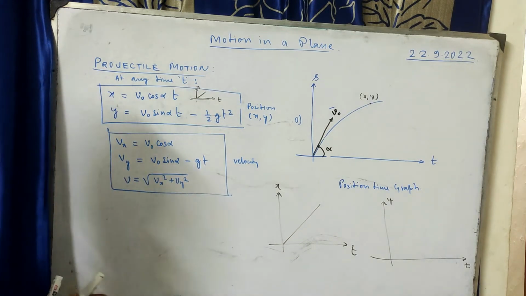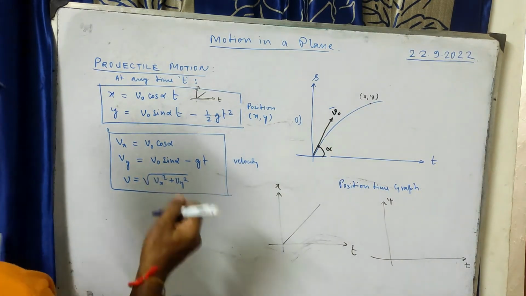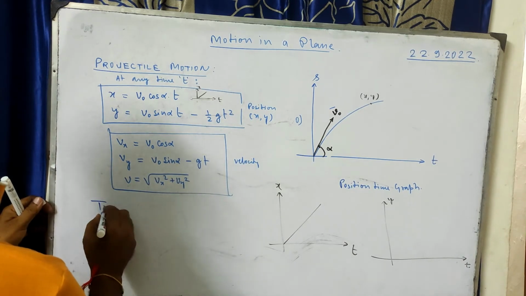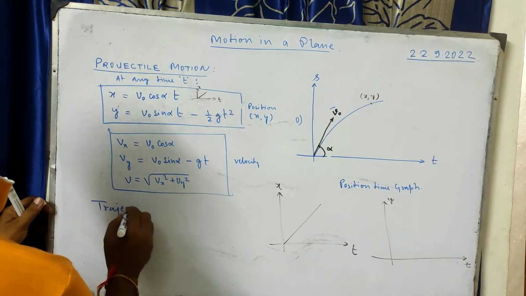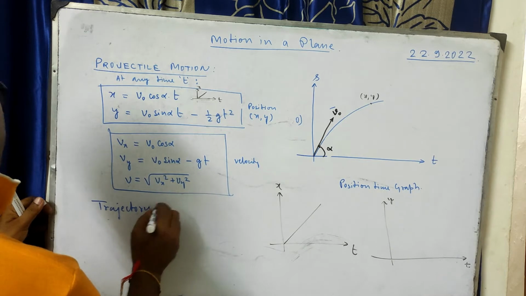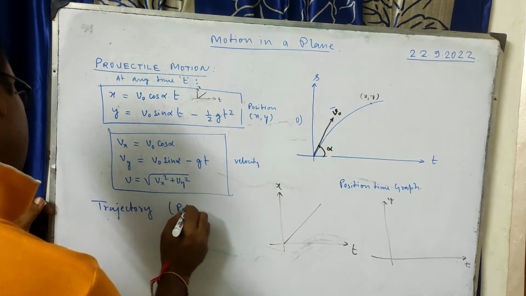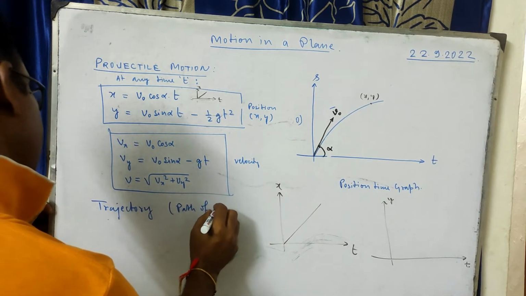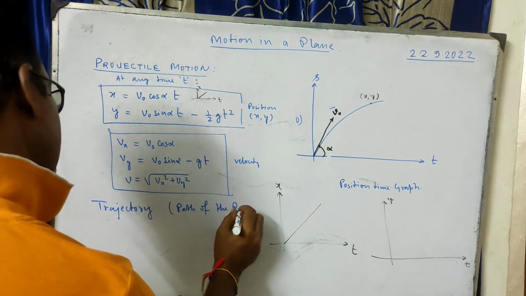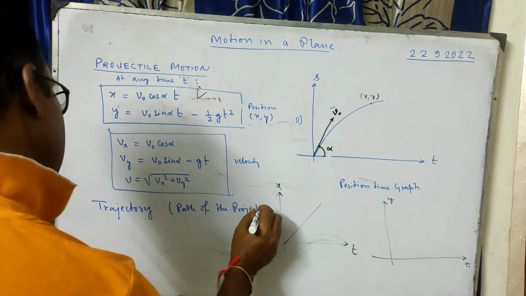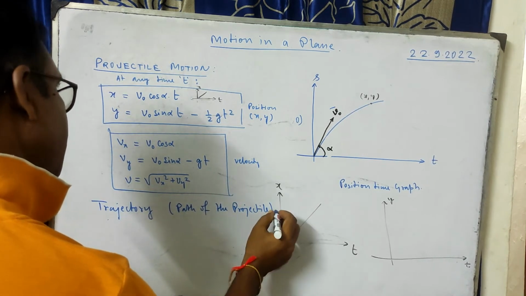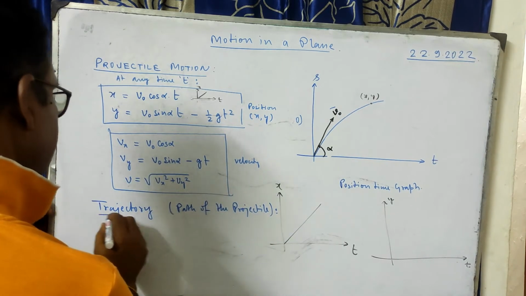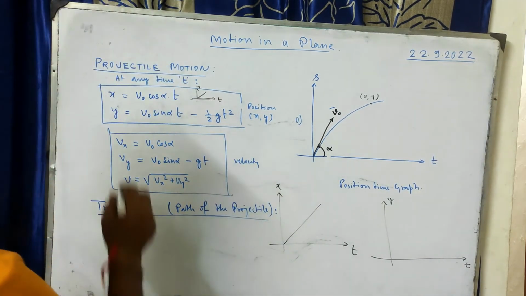So what are we finding? The trajectory of motion. Trajectory means the path of the projectile.